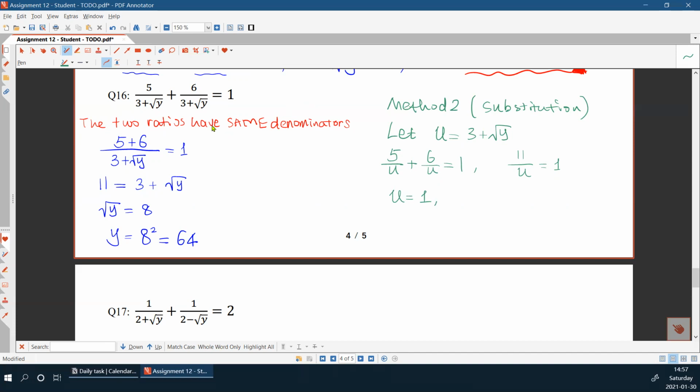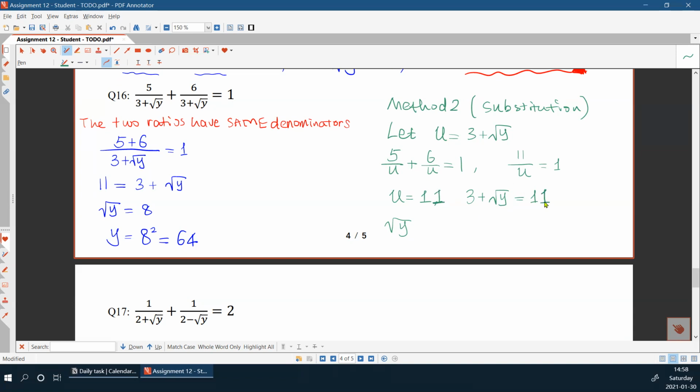But remember that it asks you to find y, not u, so we're not done yet. U being 1 means 3 plus square root y is 1, right? Okay, this gives us square root of y is actually, sorry, u should not be 1, u is 11, right?